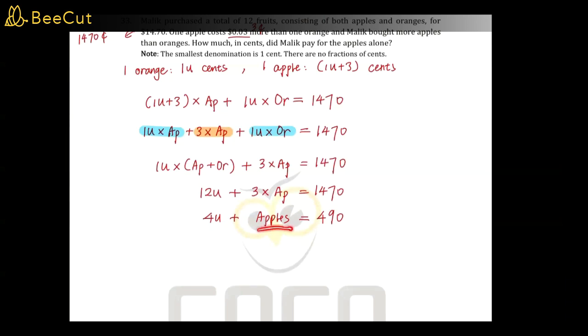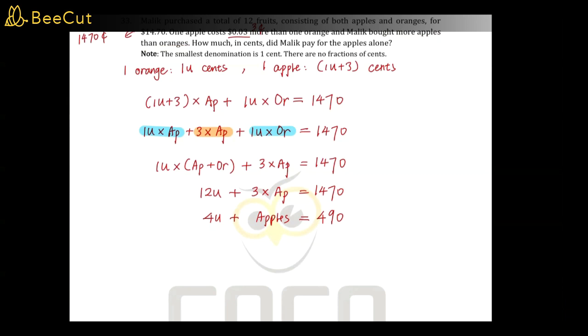So number of apples is more than the number of oranges. Yeah. So we check for the number. This means that number of apples is more than 6.